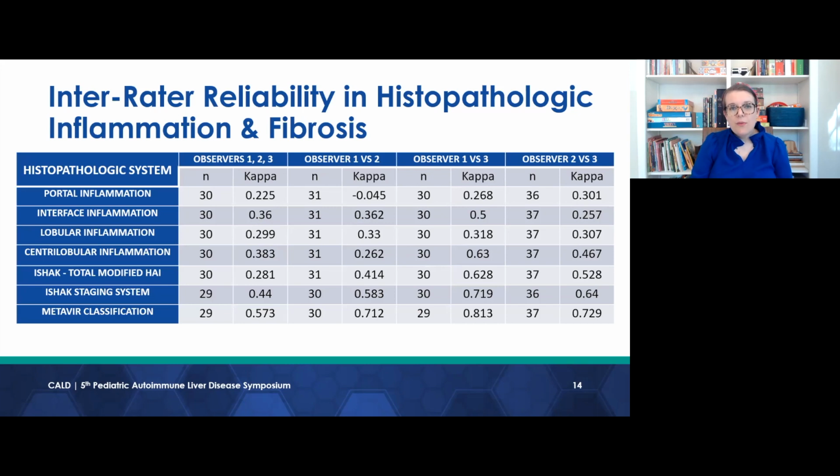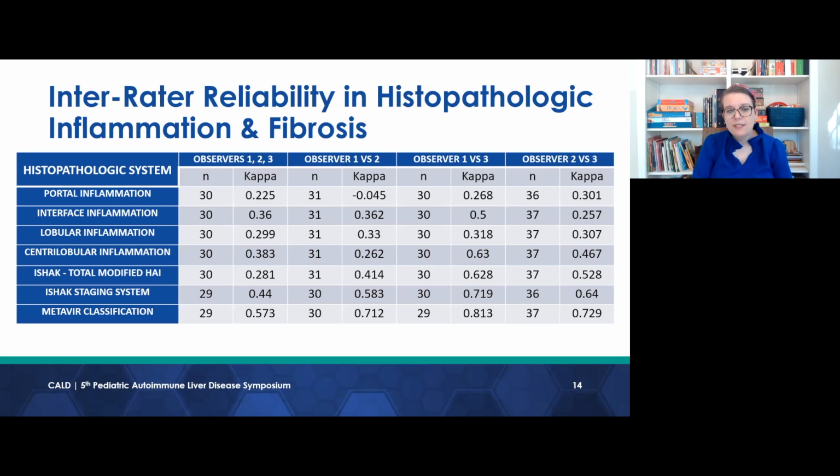So this is a way that we take a look at having multiple pathologists reviewing tissue. Pathology is the gold standard for identification of fibrosis, but it's helpful to have an idea of how different observers and pathologists relate to one another.